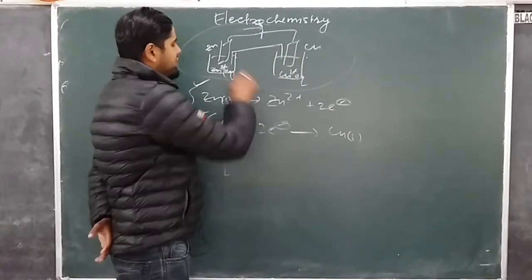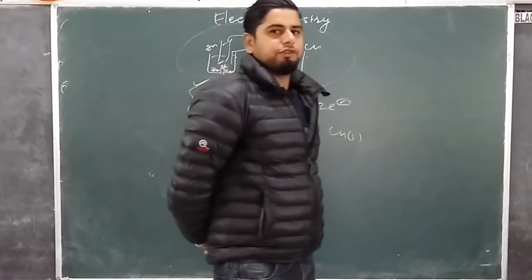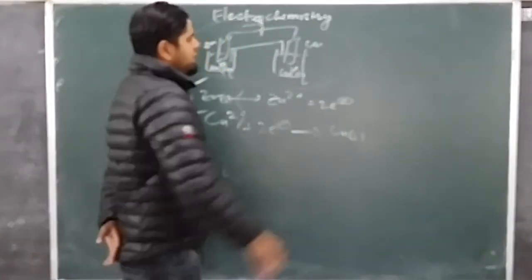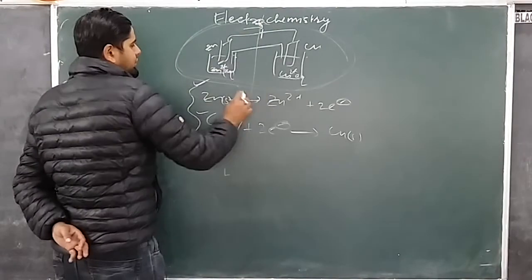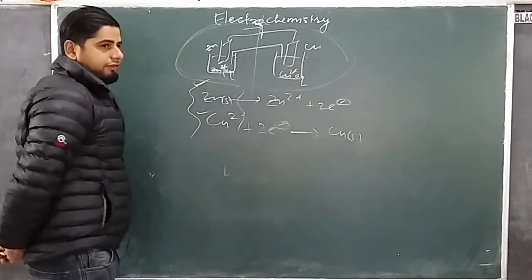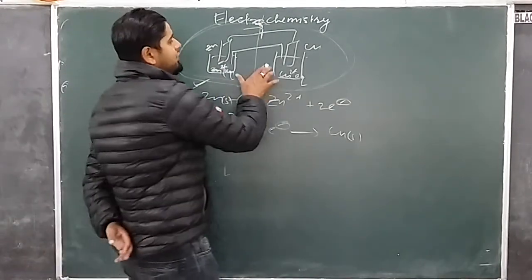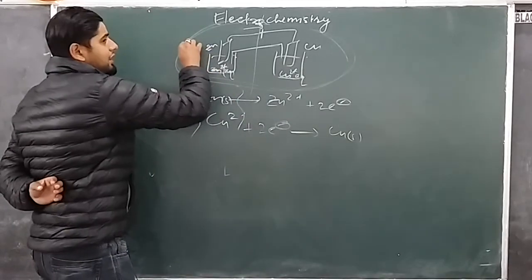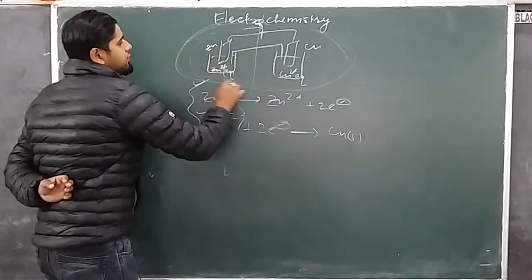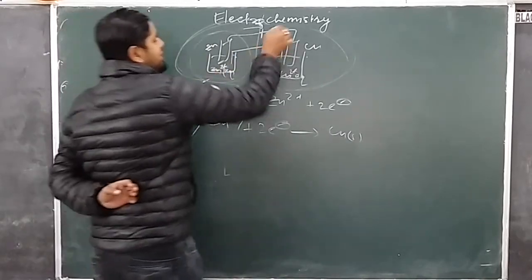So this potential difference is known as electromotive force. Got it or not? So this is a whole cell. I have already told you this whole cell can be divided into two halves, oxidation half and reduction half. Yes or no? So now we will not have electrode potential for this half and this half separately.